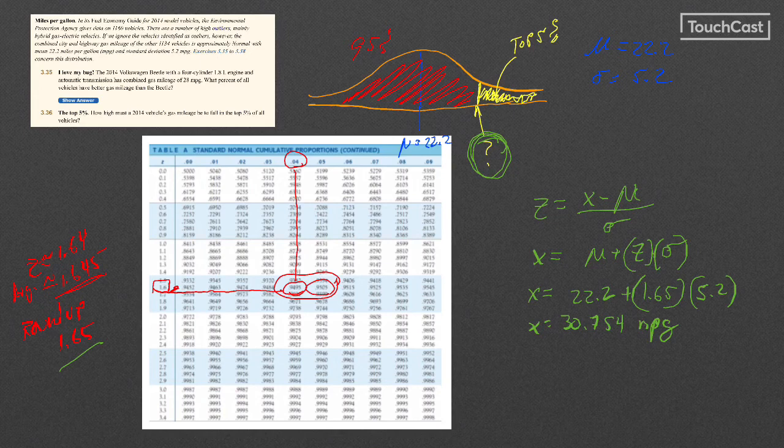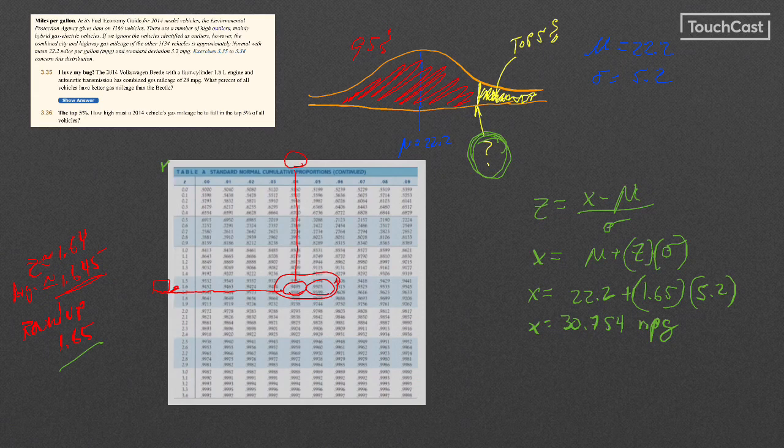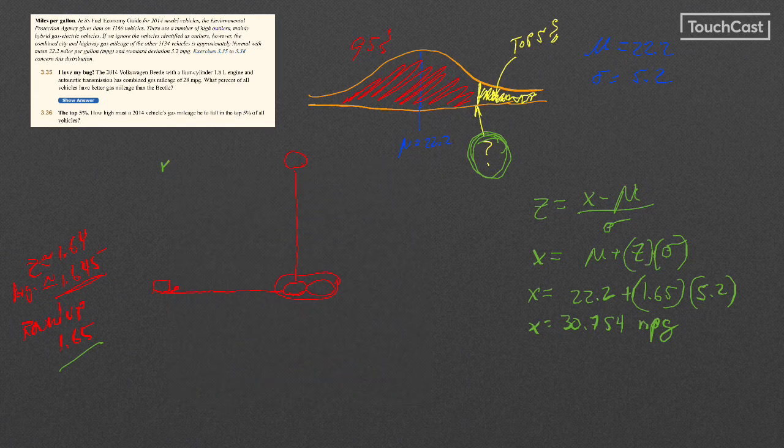So I'm going to hide this just so we have a clearer screen. What we're saying is that we would need a mileage of roughly 31 miles per gallon, and I'm rounding here based on this number, or better, in order to fall in the top 5%.